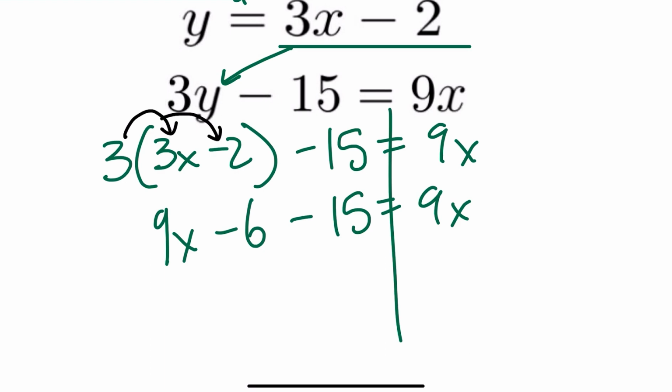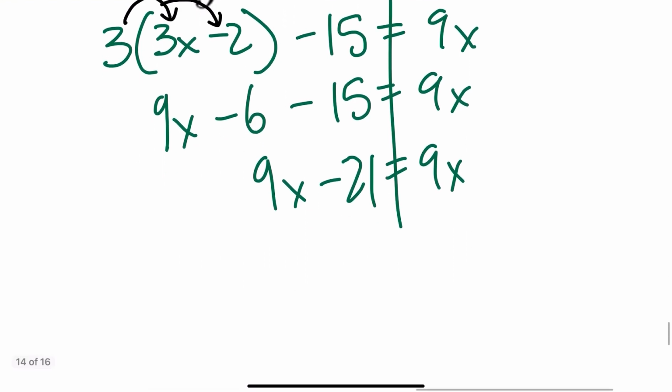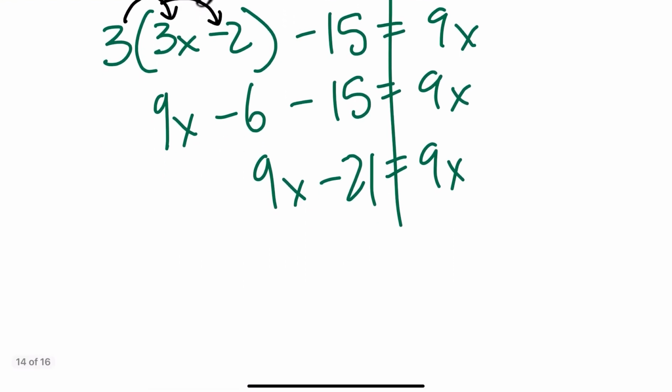Okay, I see we have these 2 numbers here. Let's just combine those. We got a negative 6 minus 15, so that will be a negative 21. Okay. And then I see we have 9x on both sides, so I'm going to move one of these over. So I'm just going to say minus 9x, minus 9x.